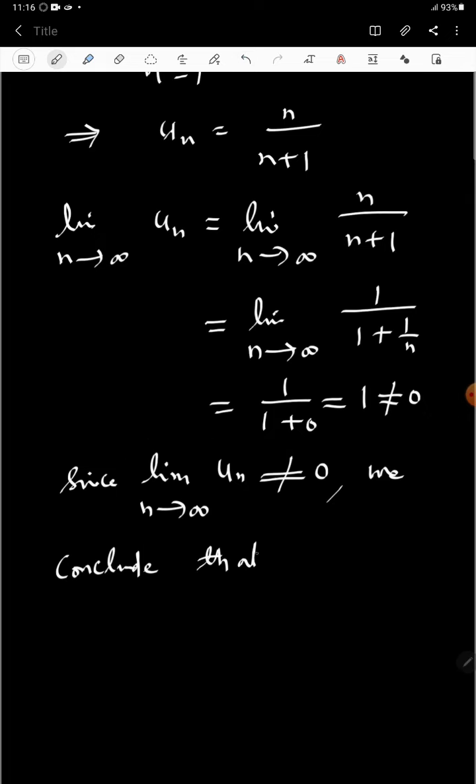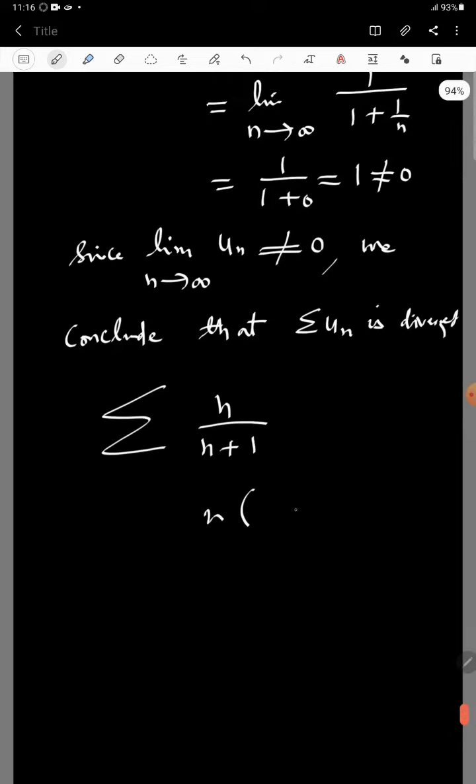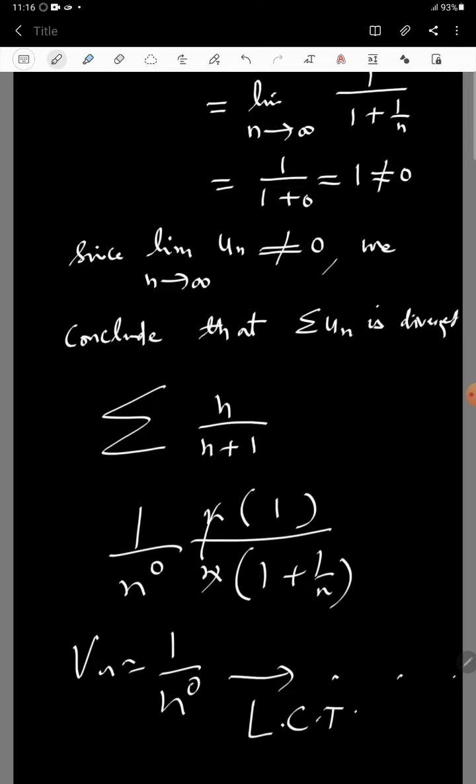Suppose somebody tries to attempt this problem without this condition, then that student has to take n common in the numerator and n common in the denominator, then this gets cancelled, then 1 by n power 0, taking vn as equal to 1 by n power 0, and continuing all these things by limit comparison takes a lot of time. So I hope you have understood this very well.